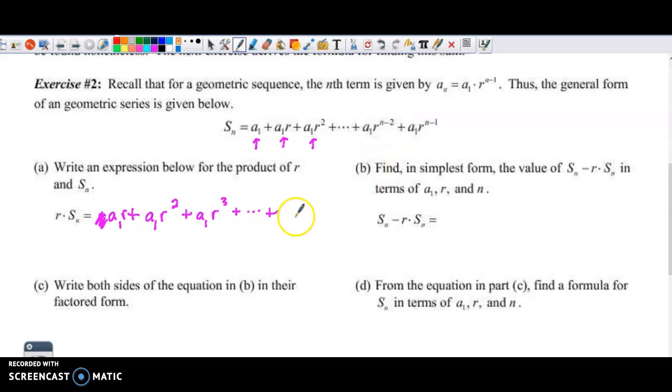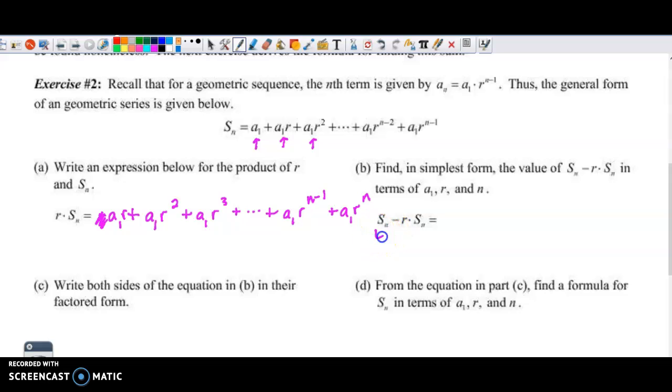And then this one is a1 times r to the n minus 2 plus 1, so it becomes n minus 1, and then plus a1 r to the n minus 1 plus 1, so it's to the nth power. Because notice that each one of these exponents is adding 1 to that term.